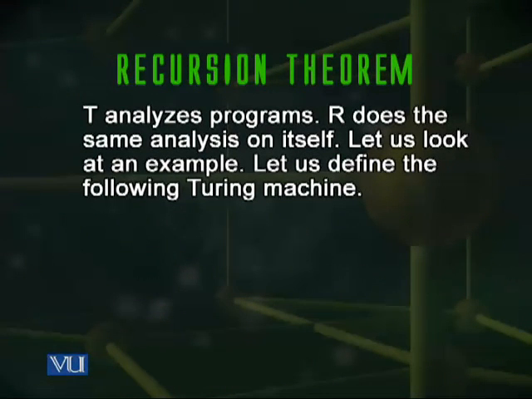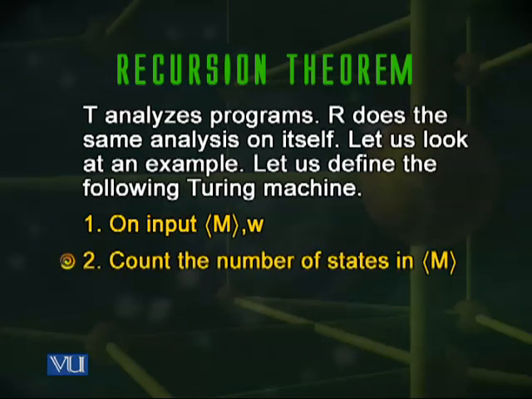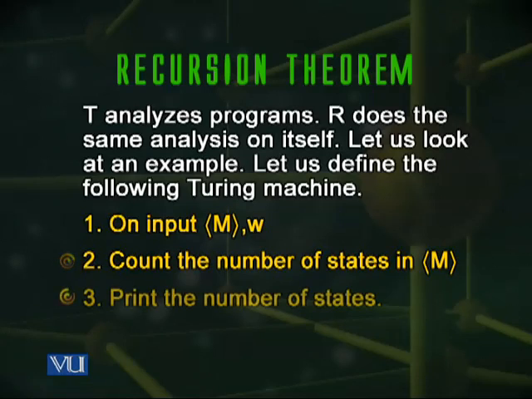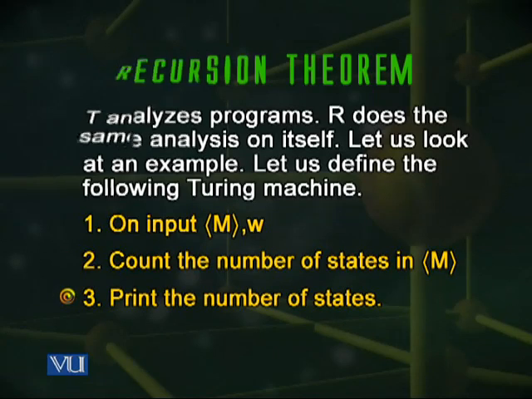Let us define a Turing machine in the following way. On input m, w, this Turing machine gets a description of a Turing machine and some other input. Suppose this Turing machine counts the states in m and prints the number of states. So we have made a very simple Turing machine which gets a Turing machine as an input. It counts the number of states in that Turing machine and prints that number.